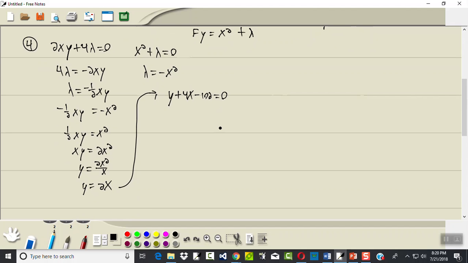And down here we just said y is equal to 2x. So we're going to have 2x plus 4x minus 102 equals 0. 6x, take the negative 102 over, it becomes a positive 102. Divide both sides by 6. And x is 17. Now we then plug that in to find our y. So y is going to equal 2 times x, 2 times 17, which gives us 34.